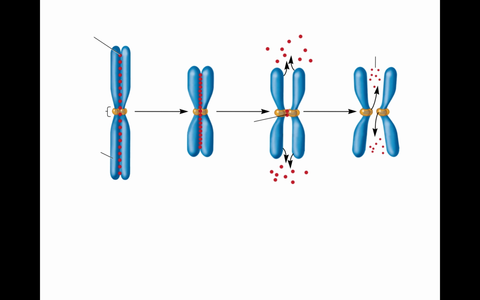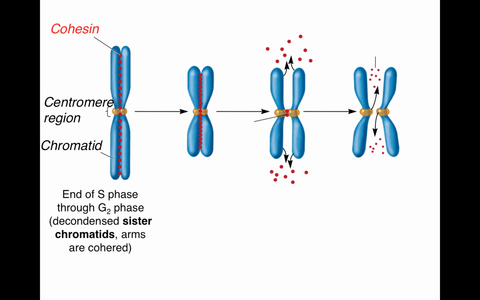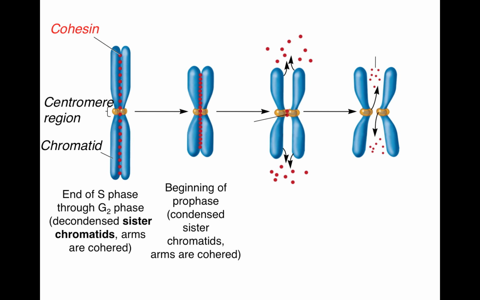Cohesin is found in between the two sister chromatids. Initially, when the chromosome is not as compact, and even further along, where the chromosomes are even more compact at the beginning of prophase.